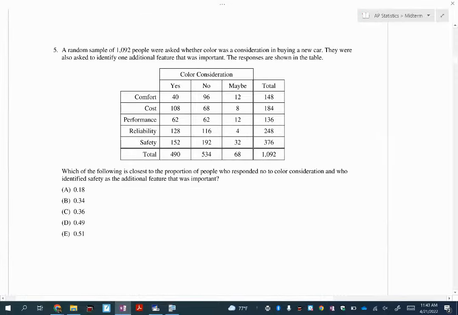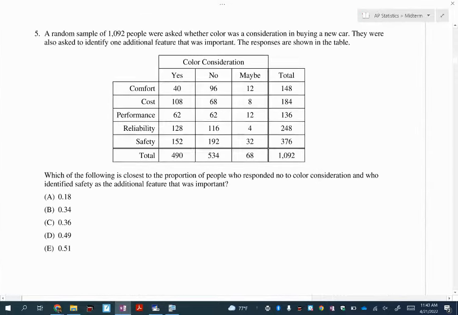Let's go to number 5. All right. Now this is going to seem somewhat similar to, I believe it was number 2, but it's a little bit different because this question says, of the people. So how many people did we have? 1,092.